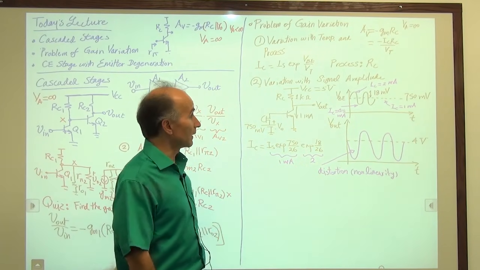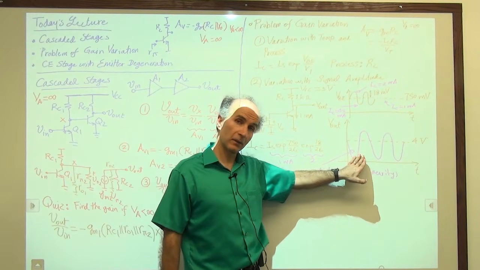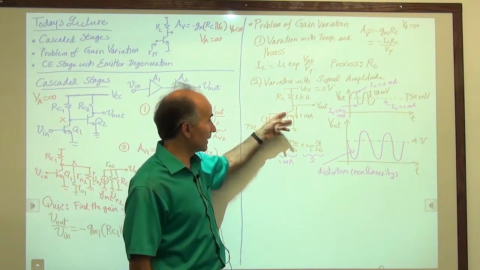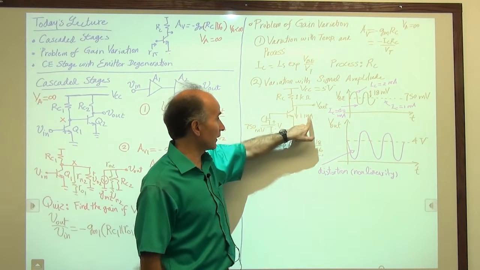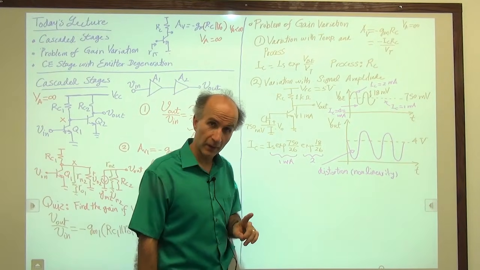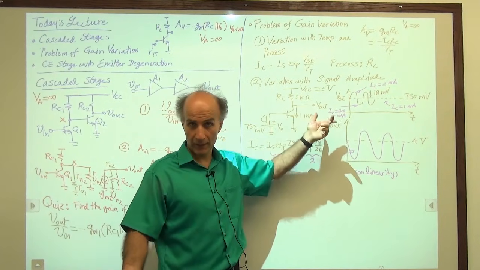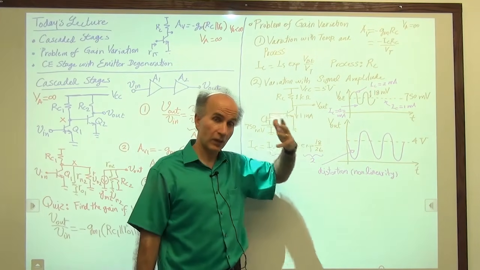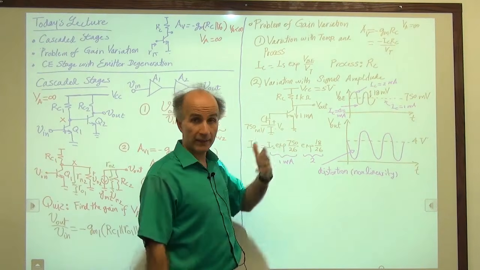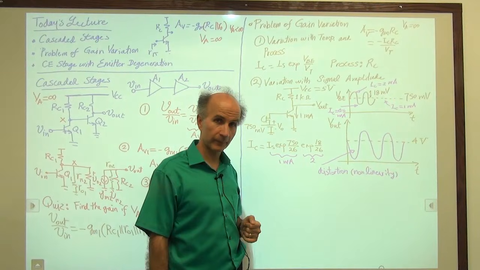So that means that if we want to minimize distortion in the signal, we have to make sure that when the signal comes in, it changes the collector current negligibly. It has to change it, of course. If the collector current doesn't change, this voltage doesn't change, we have no signal at the output. But the change has to be small. And that had been our assumption in the previous examples.